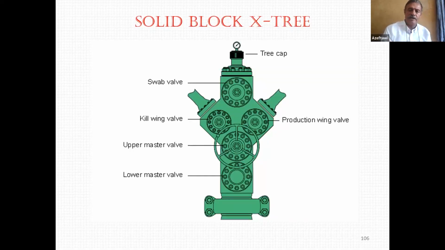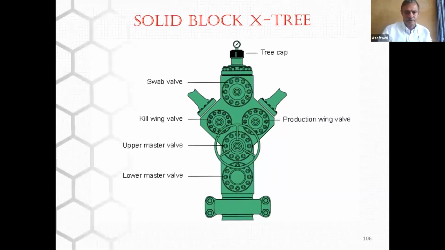If you are rigging up slick line, we said you go up, you take this cap out, then you have a thread here. Then you start putting your crossover that will match the thread of the cap of the Christmas tree and the thread of your equipment.